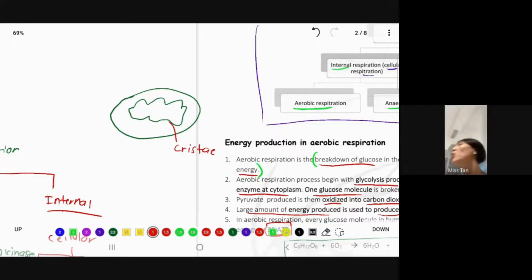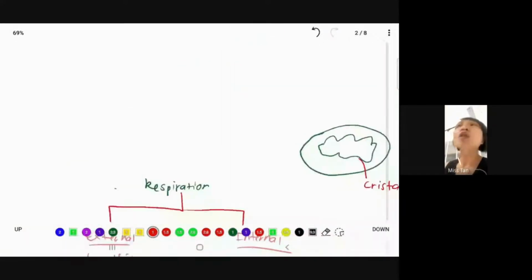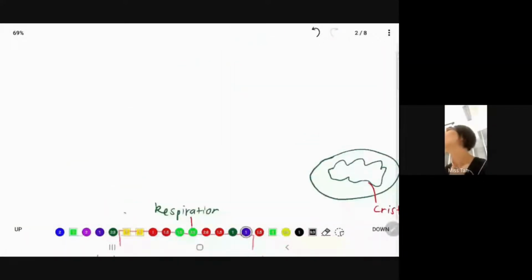When will you need anaerobic respiration? I told you already, I'm just repeating. When you do intense workout, your breathing is so fast already, but still they don't supply enough oxygen to your muscle. So your muscle needs energy. Glucose will be broken down in the absence of oxygen into a small amount of energy, which is 150, and lactic acid as well.